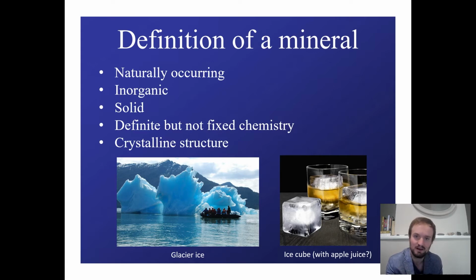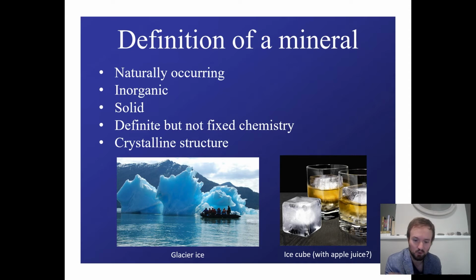It has a definite but not fixed chemistry. And why this is important is because what you'll see in a second is that a similar mineral can change quite drastically in its appearance based off substitution of trace elements. And by trace elements, I mean one element in a million.